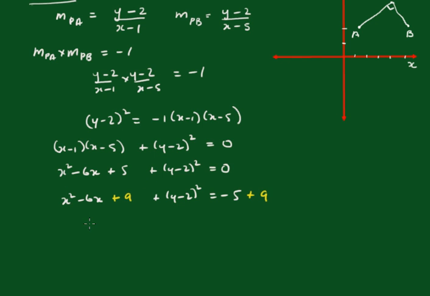And of course now this becomes (x minus 3) all squared plus (y minus 2) all squared is equal to 4. And we can see from the previous lesson, this is a circle with the center at (3, 2), and the radius is the square root of 4, which is 2.